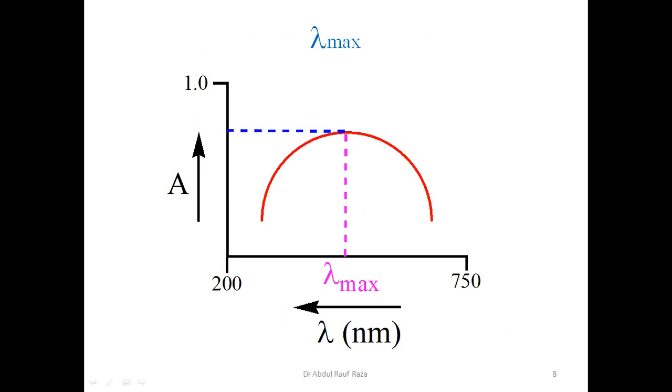Let's say we have this absorbance. We divide, because we know the concentration of the solution. If we divide this absorbance by concentration, what would that be? That would be the epsilon value.